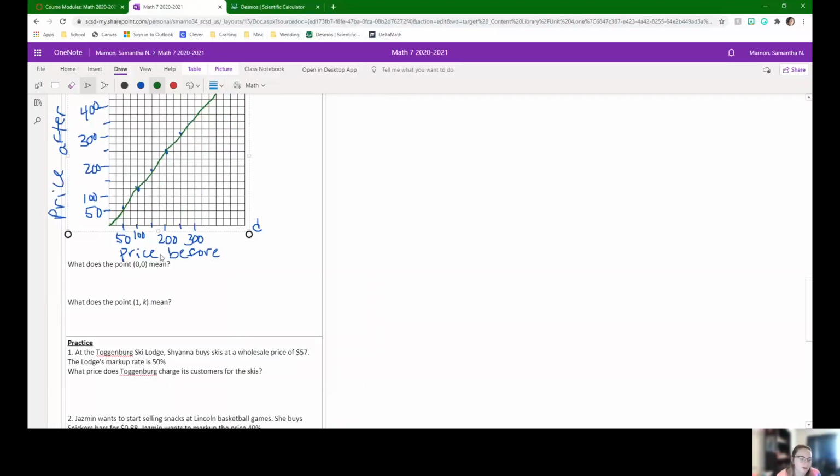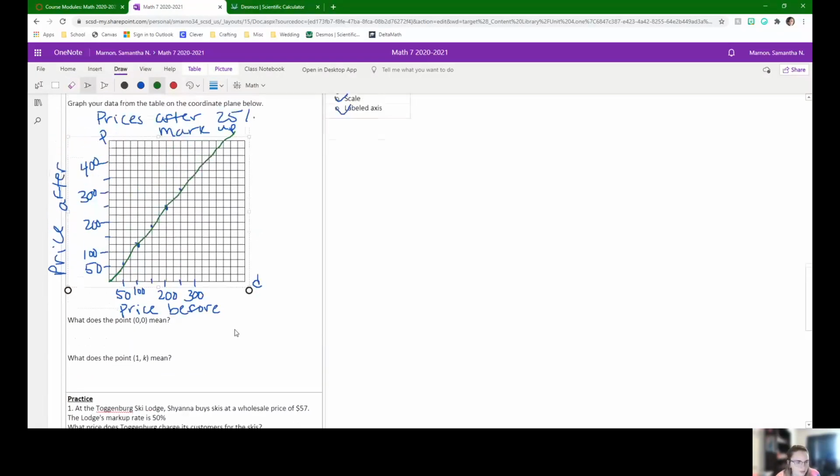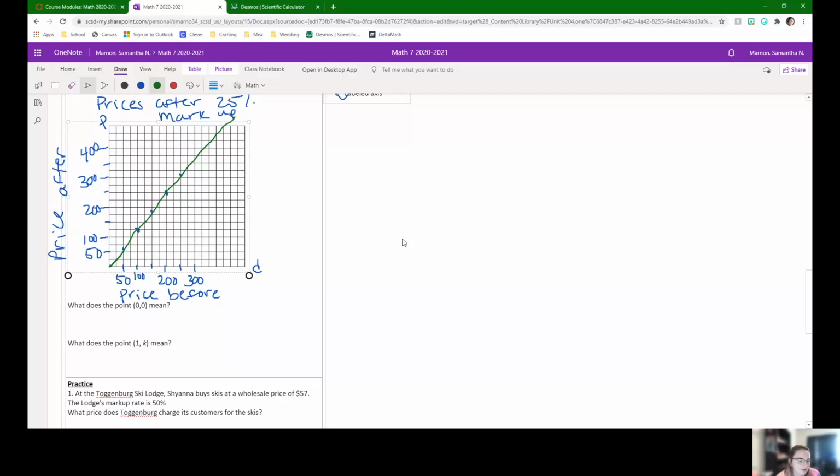So now we have, what does the point 0, 0 mean? What does the point 1, comma, k mean? So these are going back to that standard 7.RP.2.D that we've done on our data wall a couple of times. So the point 0, 0, so this is the price before markup, and then the price after markup.